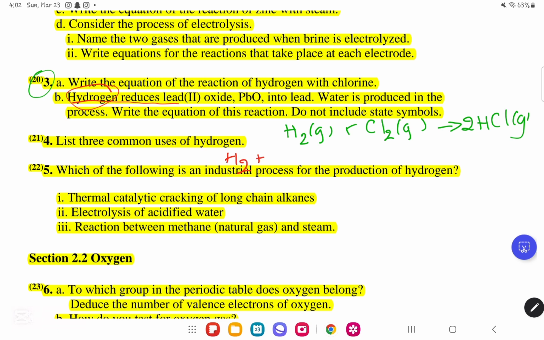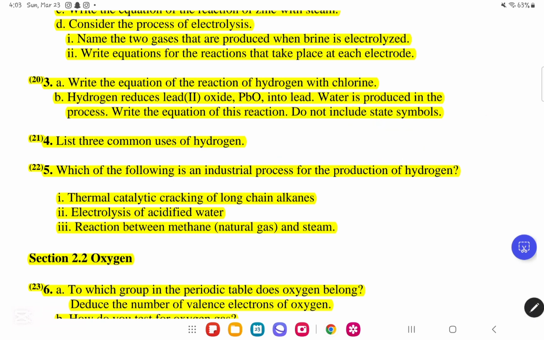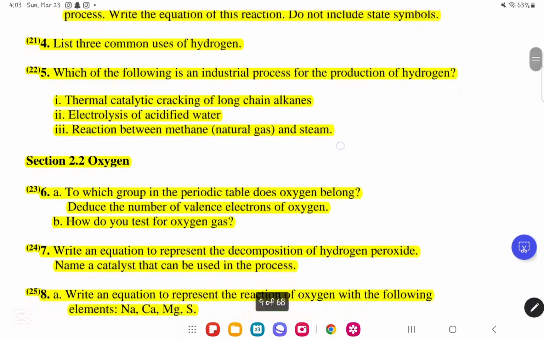So H2 plus PbO will form what? It will form water, first of all, so H2O, in addition to lead, which is Pb. So H2 plus PbO will form H2O plus Pb. That's pretty much it. We move on to question number 4.